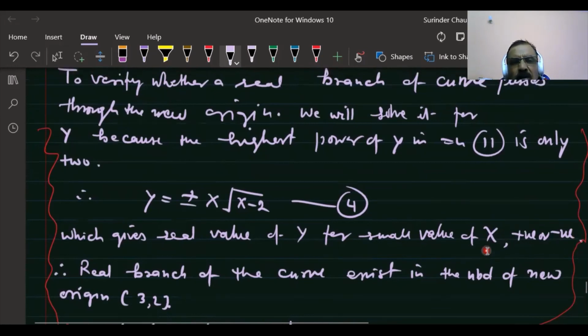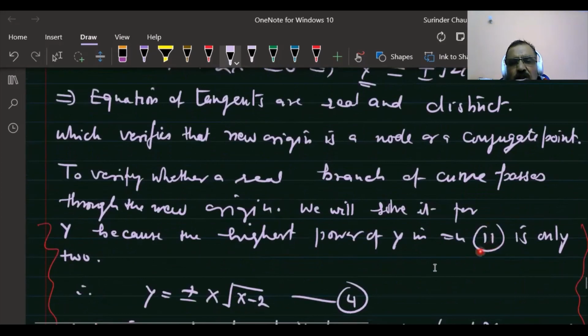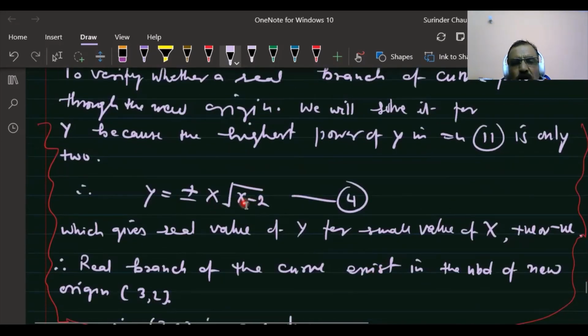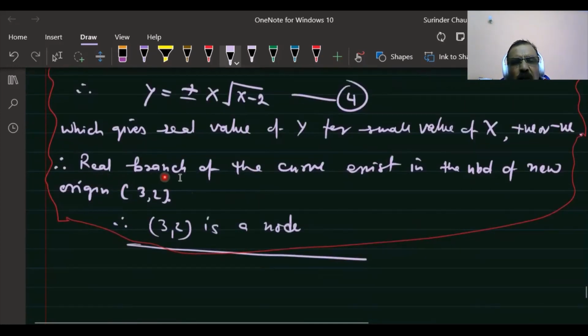So the real branches of the curve pass through the new origin. So this is a node. Thank you very much.